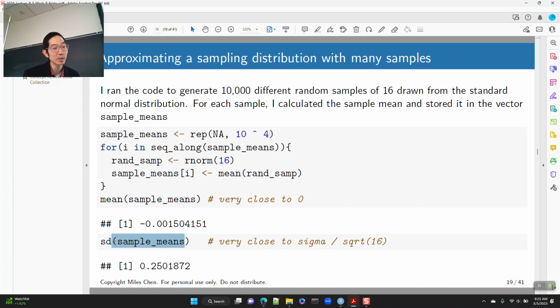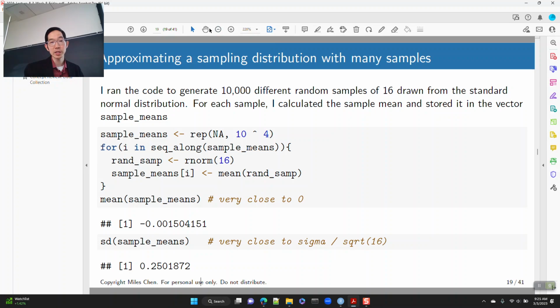So sample_means is a vector of 10,000 different sample means, and the standard deviation of all of those is around 0.25, which is in line with the central limit theorem, which says the answer should be sigma, which is 1, divided by the square root of 16. So 1 over 4 should be around 0.25. And that's what I get here.